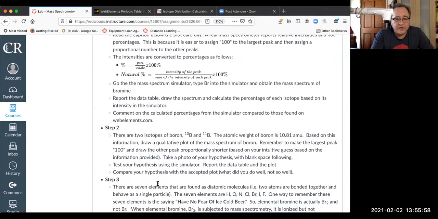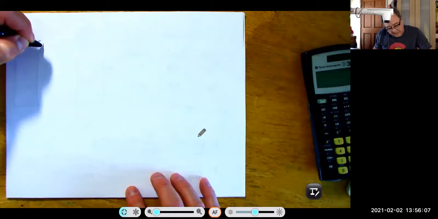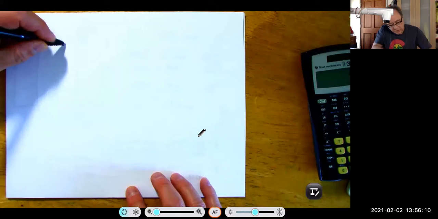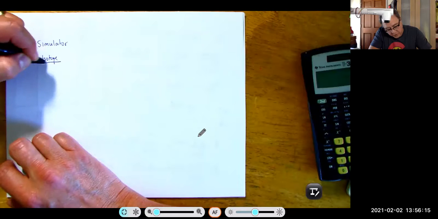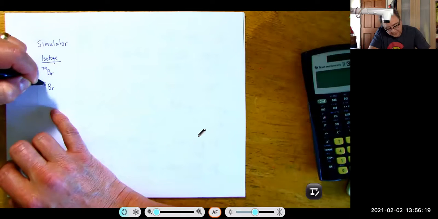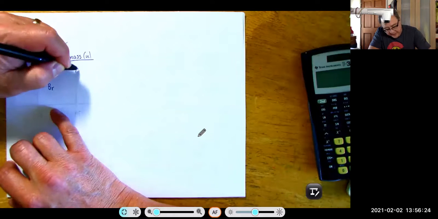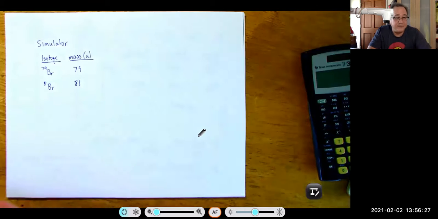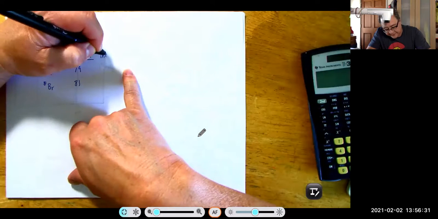So here we go. I got to change my share. Sorry about this, but it's the only way I can do this. So from the simulator, when we look at the isotopes, for bromine 79 and for bromine 81, we have the mass as 79 and 81. That's from that data table. And we have the intensities.